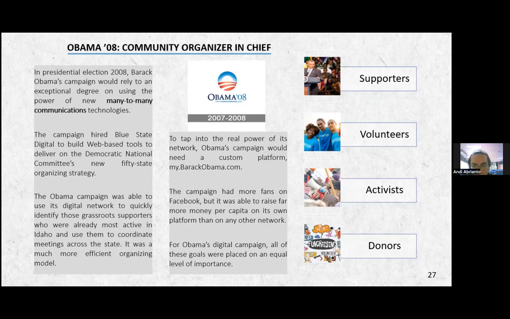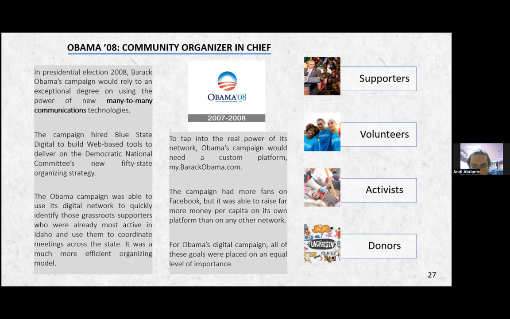To tap into the real power of its network, the Obama campaign needed a custom platform like myBarackObama.com. The campaign had more fans on Facebook, but it was able to raise far more money per capita on its own platform than on any other network.